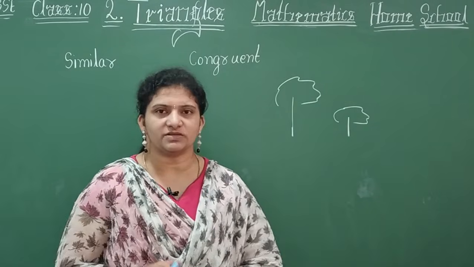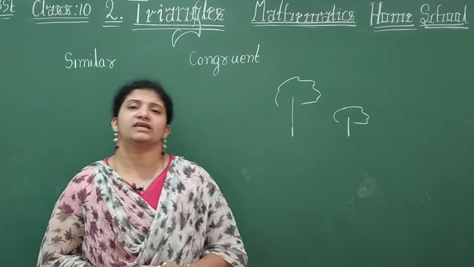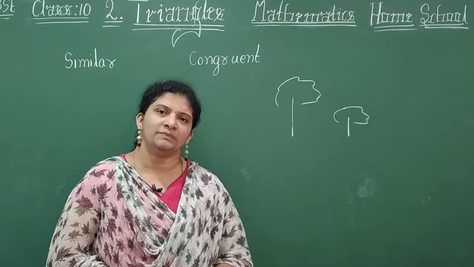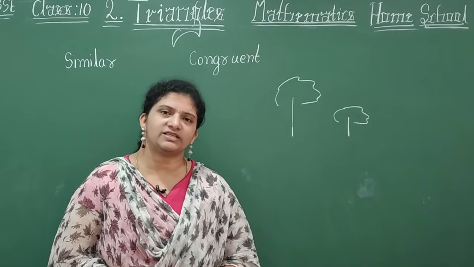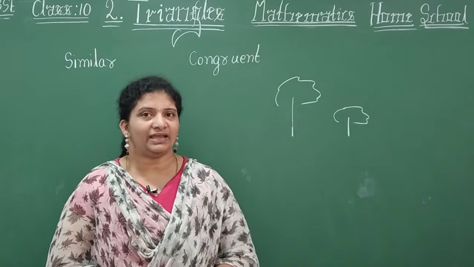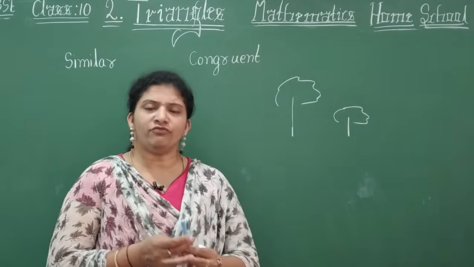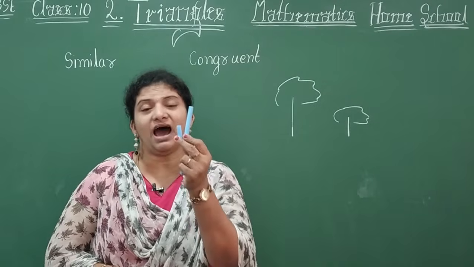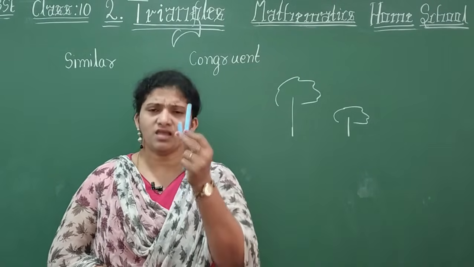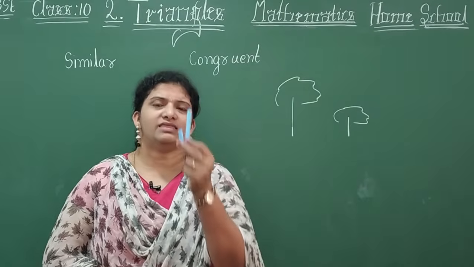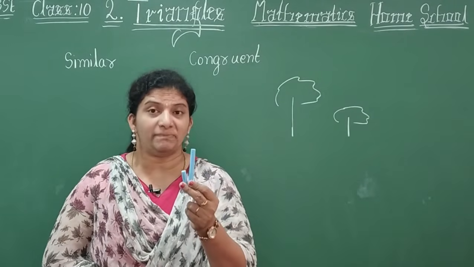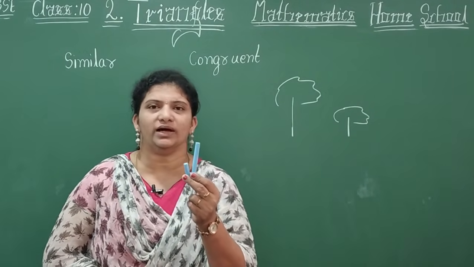Both are chalk pieces. Why am I asking you all these questions here? Yes, in order to explain similarity and congruency. Right? So now, what do you feel of these two, children? They are similar. Observe here carefully. They are similar, but they are not equal.